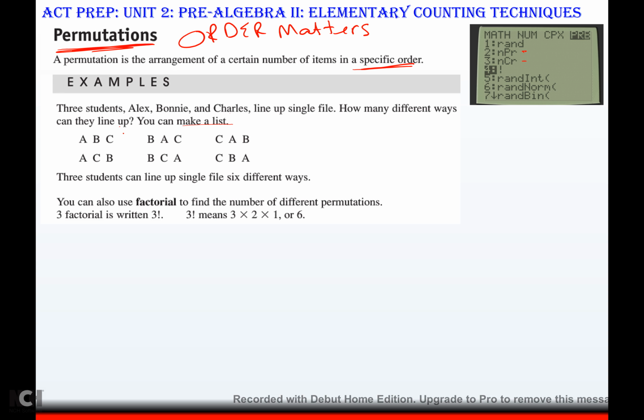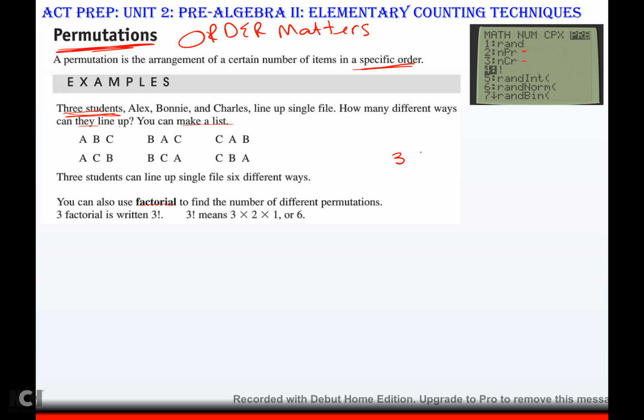So the order matters. And one way you can do it when you're doing order is you can just do 3 factorial. Okay, you've got 3 students, you're trying to line them up. I don't care for the factorial. To me, what this says is you have 3 students and you're trying to line them up.